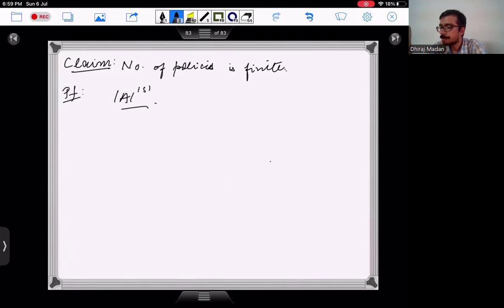The next claim is that you cannot cycle when performing this algorithm. Either you converge or you get a new policy. How do we show that? The next claim is that each step improves over V pi.